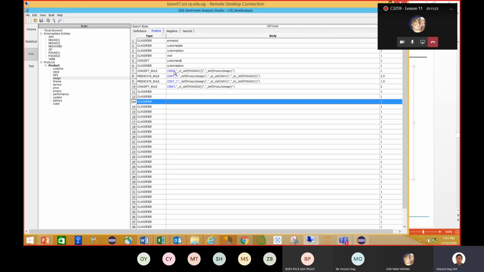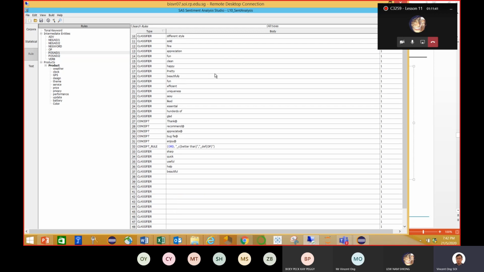Now, I define this entity. What do you mean by this? So positive adverb is defined over here. Positive adjective, these are the words that are positive adjectives.